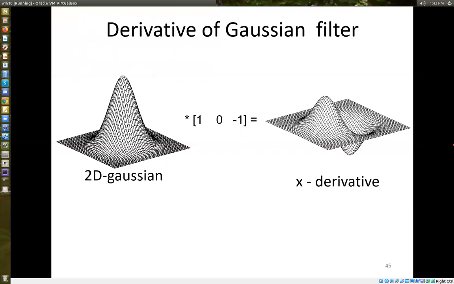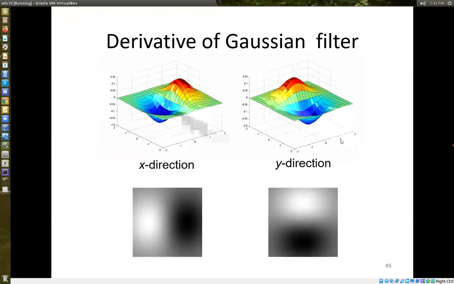So I have this filter, and I can take the derivative in both the x and y directions. That's exactly what you saw at the beginning: the derivative of Gaussian filter. If you remember the first slide, I guess that's the A figure or something like that.